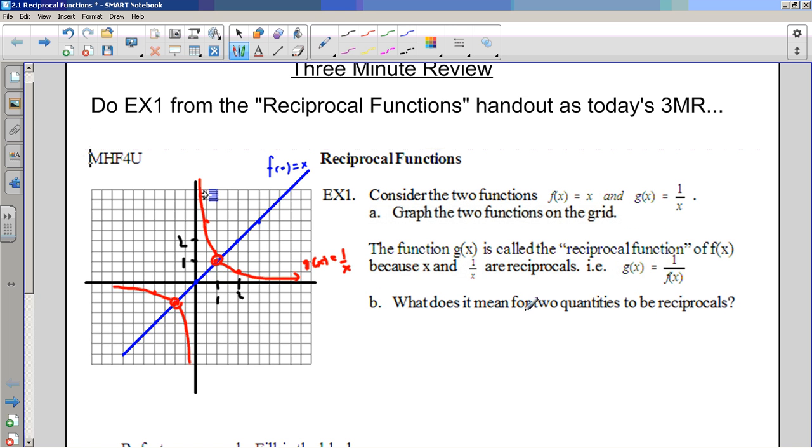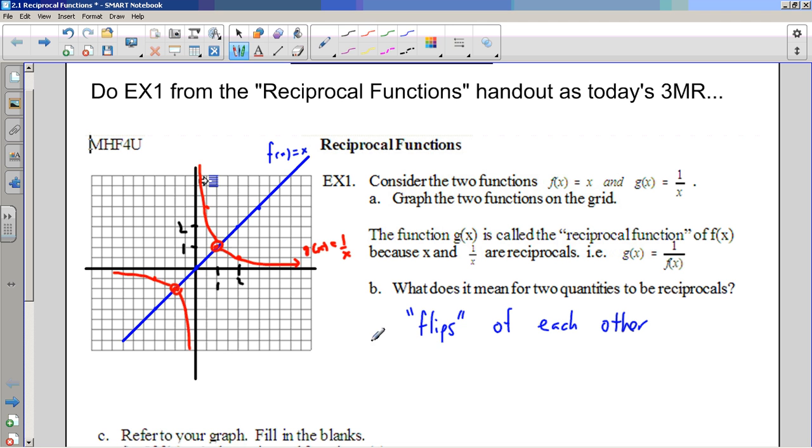So what does it mean for two quantities to be reciprocals? In layman's terms, we could say they're flips of each other. To get one, you just flip the other one, right?